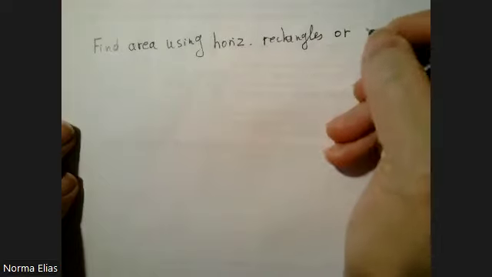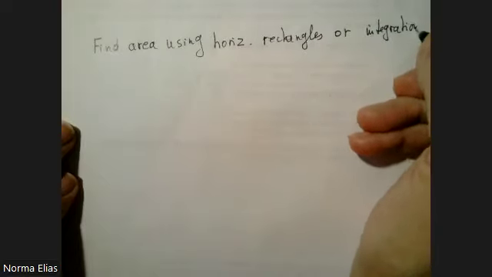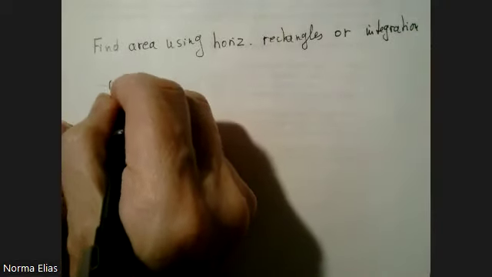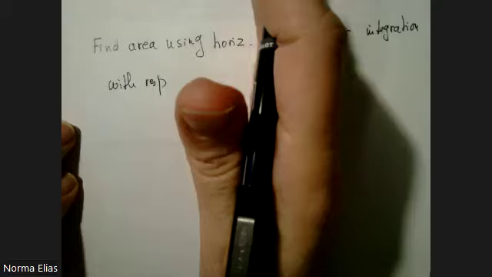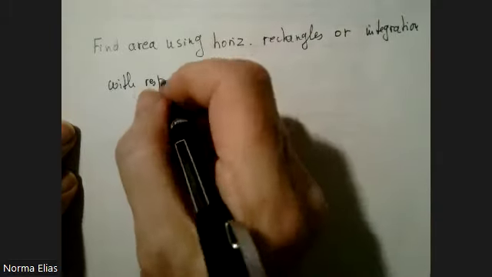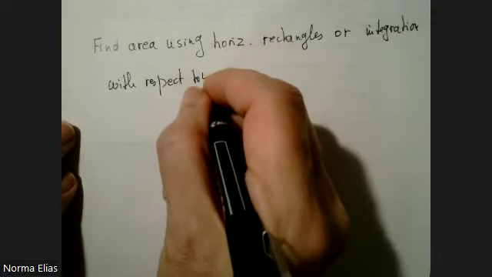Or sometimes we call it integration with respect to y. The way we've done it so far by taking the vertical rectangle, we call this integration with respect to x. Now integration with respect to y.